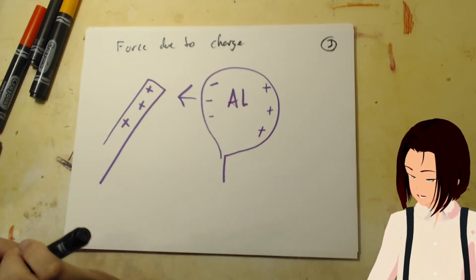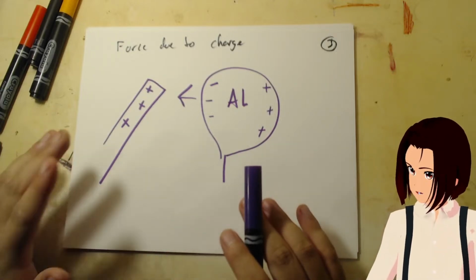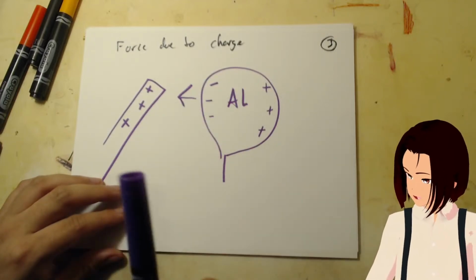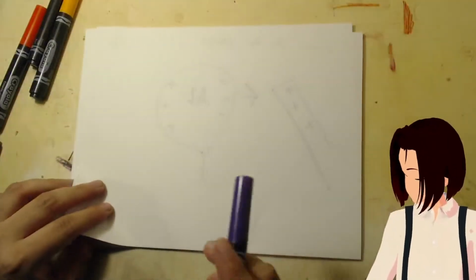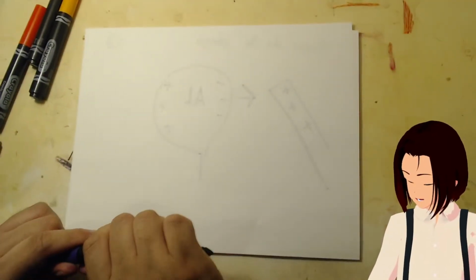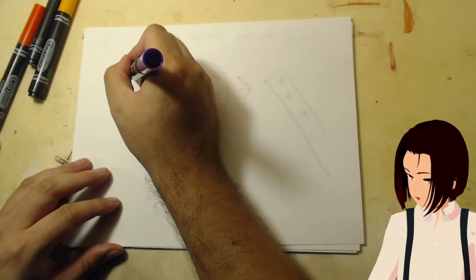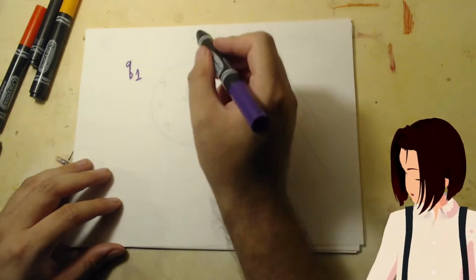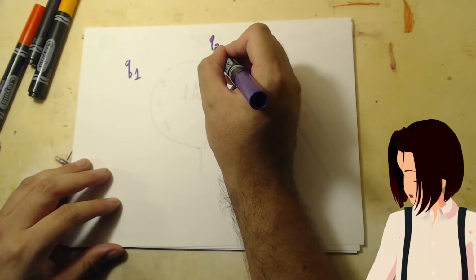Okay. So here's what we're doing. Now, I'm going to show you this phenomenon right here. You can actually measure it, or you can calculate it. So let's say you have a charge, let's call it charge Q1, and we have charge Q2.